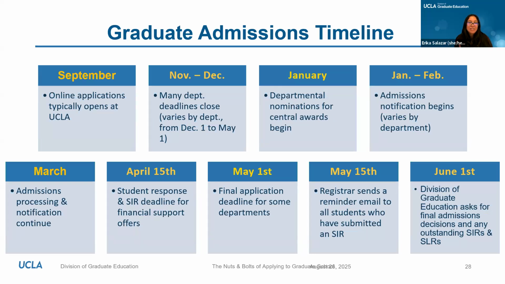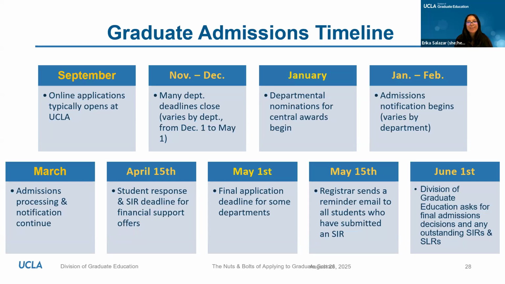But a date that I do want to talk about that is not only specific to UCLA, but to many other graduate institutions is this April 15th deadline. And this is a generally agreed upon deadline for student response and statement of intent to register for financial support offers.